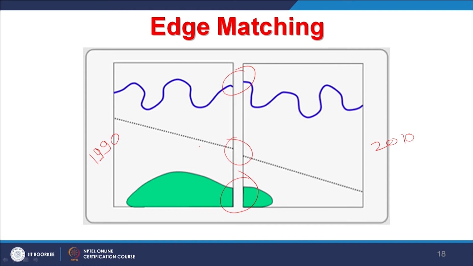So, this is a kind of surgical operation which one has to really do manually. There are no automatic methods, no software has ever been developed like that. So, very manually when you vectorize or digitize the data, at that time care is taken so that you continue with this one like this, you continue with this one like this, and also like this. So, the edge matching process has to be done manually.